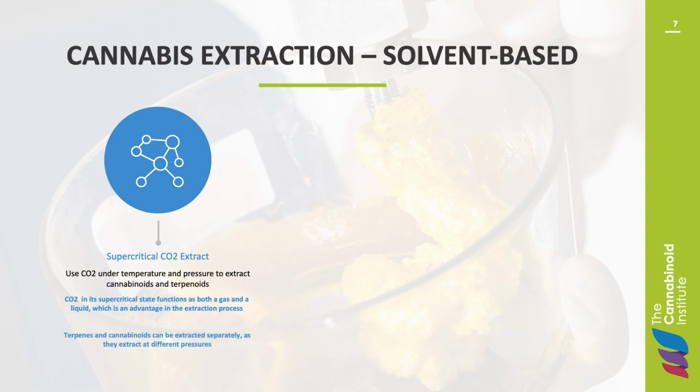Using supercritical CO2, terpenes and cannabinoids can also be extracted separately as they extract from the plant material at different pressures. However, supercritical CO2 also extracts waxes and fatty acids from the plant material, which must then be removed through a process called winterization.